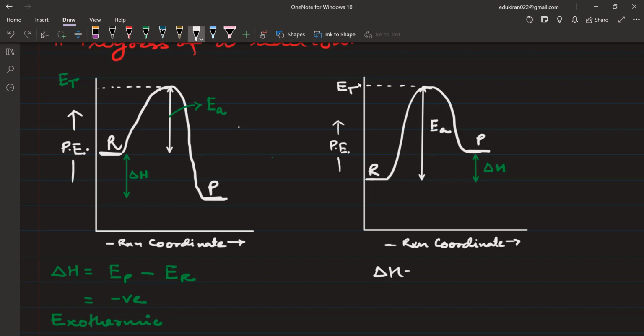And the delta H is equal to the energy of product minus energy of reactant. Product energy is higher, so this will be greater minus smaller, which will be positive. And hence this is an example of an endothermic reaction.